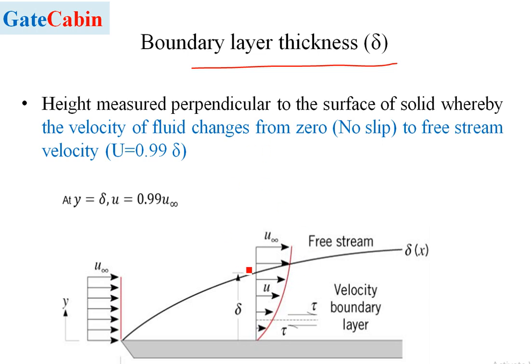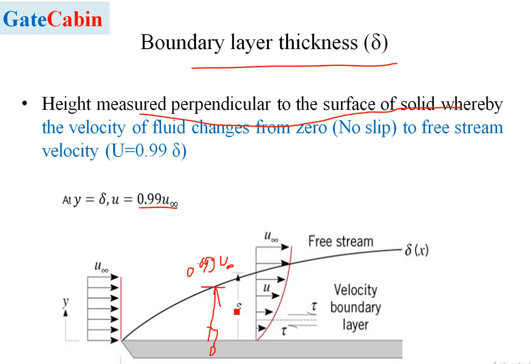Technically we define it as the perpendicular distance measured from the surface of a solid, where the velocity at the surface is 0, to the distance where the velocity becomes 0.99 times the free stream velocity.